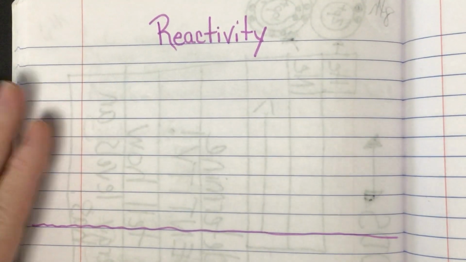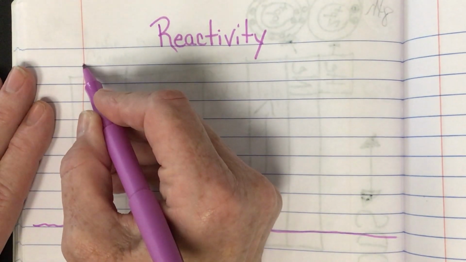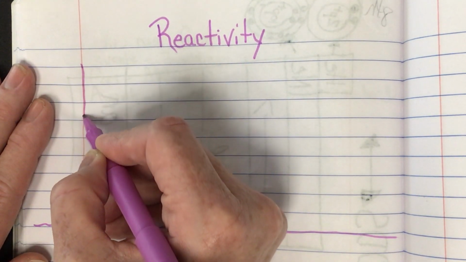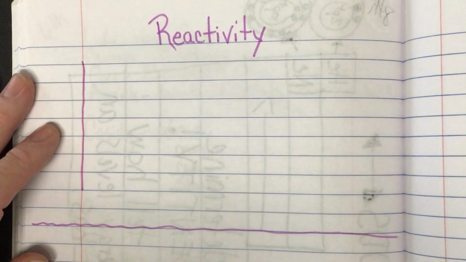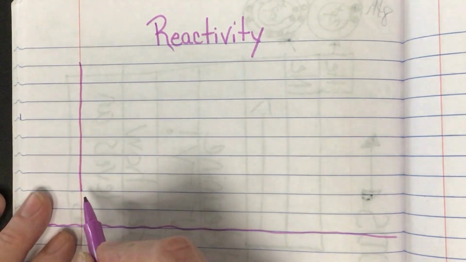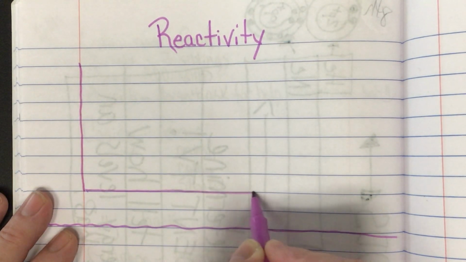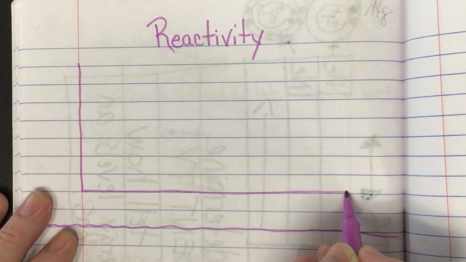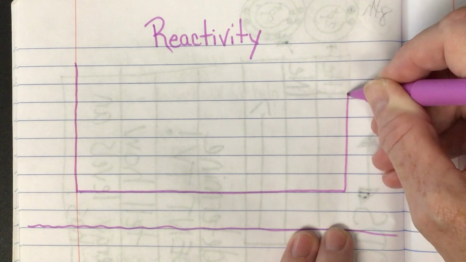And then on this top part, we're going to sketch the periodic table. We're going to draw the left side of the periodic table. We will draw the bottom of the periodic table. And then we'll draw the right side.